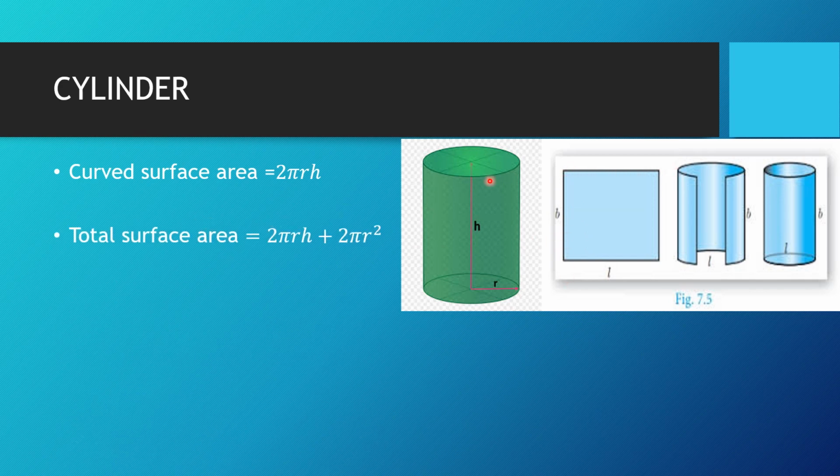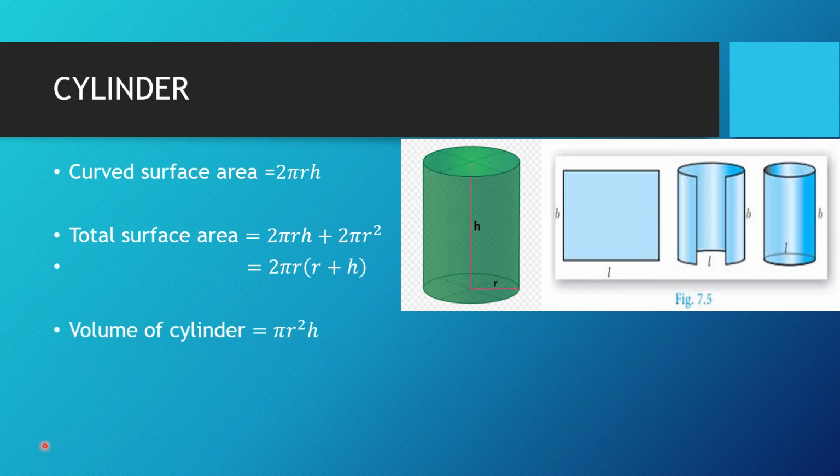What is total surface area? The curved surface area plus the area of these two circles also. What is area of circle? Pi r square. So there are two circles, so 2 pi r square plus CSA. So I can take 2 pi r common. I'll get r plus h. Volume of cylinder will be pi r square h.